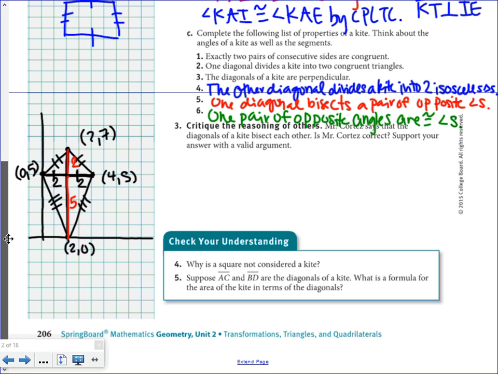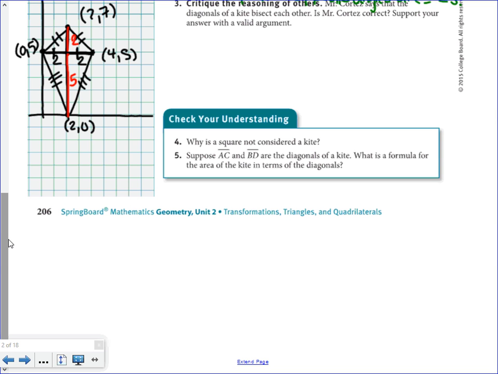Okay, so now we're going to look at AC and BD as the diagonals of a kite, and then we're going to look for the area formula for a kite using only the diagonals.